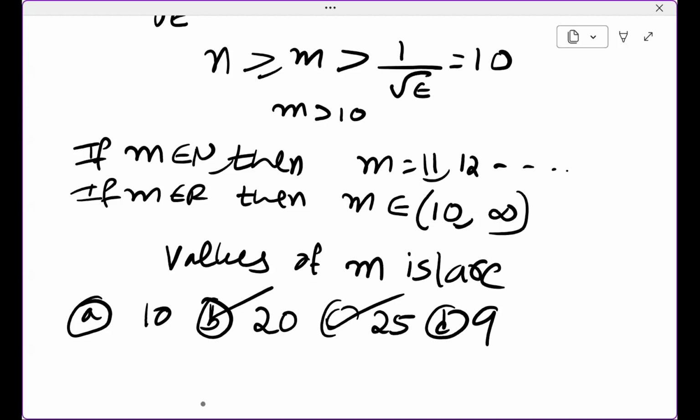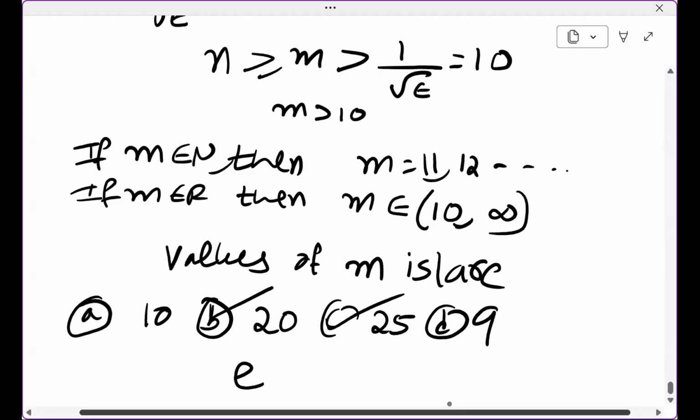That is also correct. For example, if I take it as some 10.9 bar, then this is also correct. That means M is given to be real then. If M is given as a natural number, only these two are correct. If M is given as real, a description will be given to you. 10.9 is also correct if M is real.